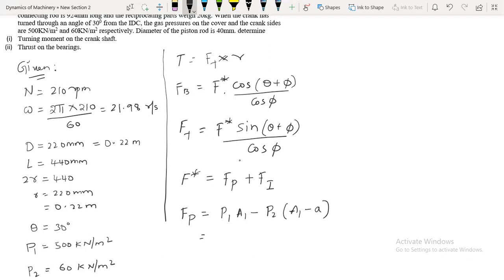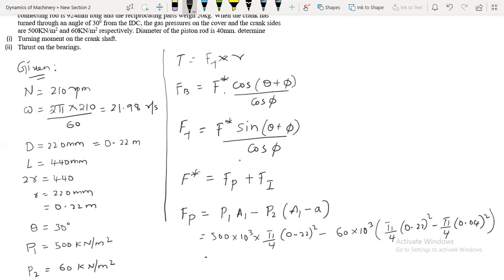So then this is equal to, what is P1 here? 500 into 10 to the power of 3 into A1, which is pi by 4 into 0.22 square, minus P2 is 60 into 10 to the power of 3 into, again this is pi by 4 into 0.22 square minus small a, the area of the piston rod, that is pi by 4 into piston rod diameter 0.04 square.